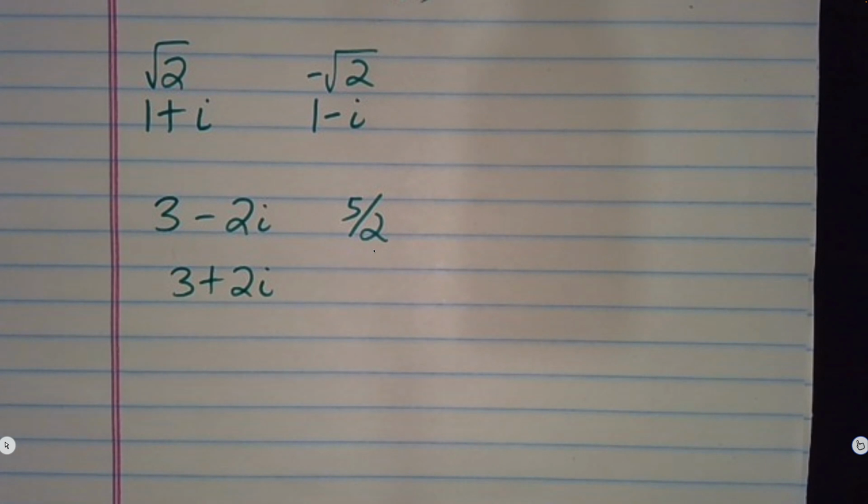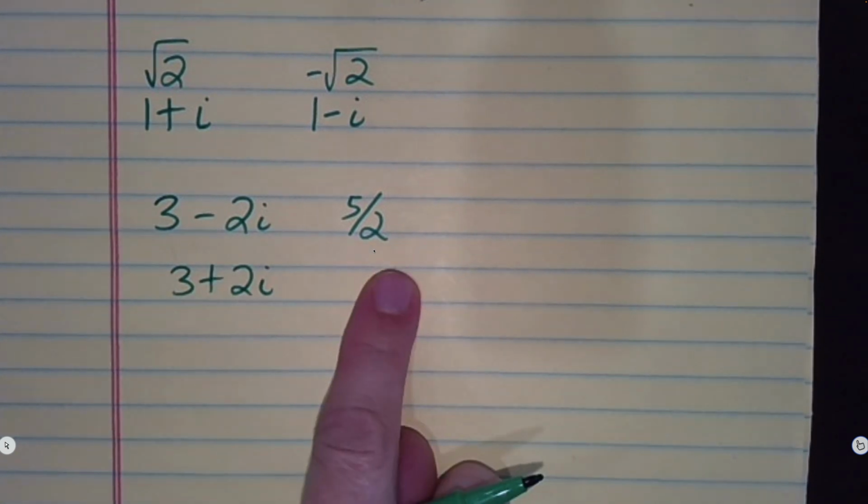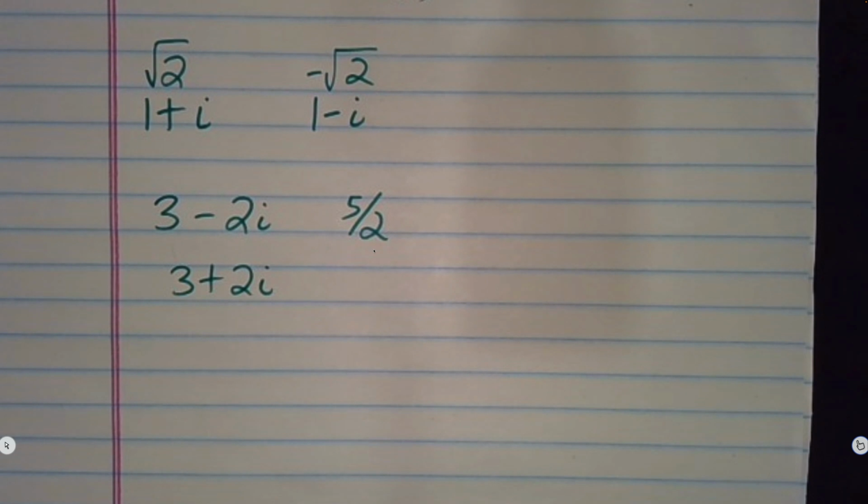If it has an i or a square root, then you have to do the opposite. You don't do anything to 5 halves, that's just fine. If it's a fraction or a whole number, it's not necessarily the opposite. It's only when it's complex.